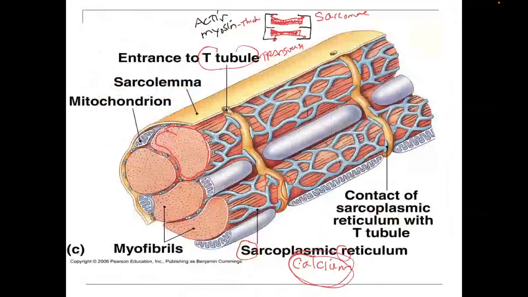When the sarcoplasmic reticulum releases the calcium, look what's deep to it. Those muscle fibers, which is what we have up here, that actin and myosin. So somehow calcium is going to act on this.